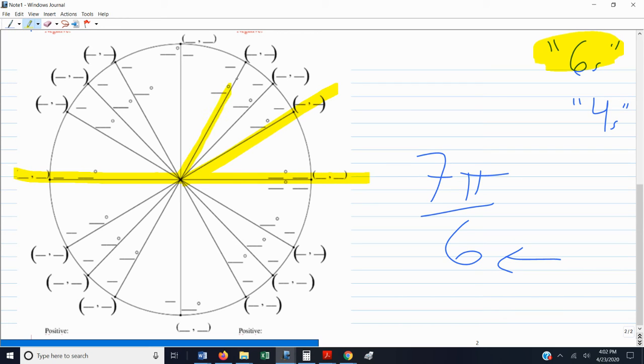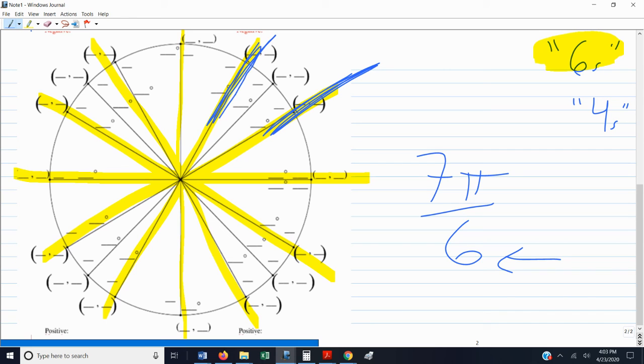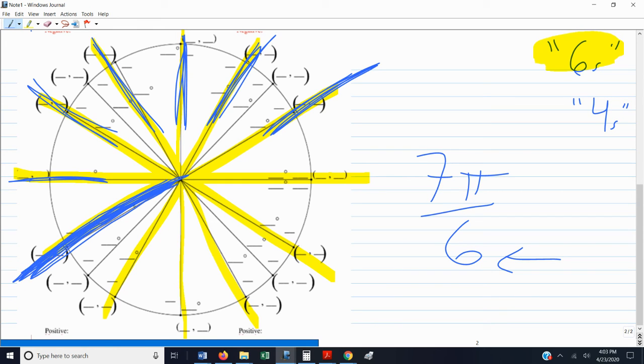And so we know we're going to be looking at these branches, not the middle branches right now. And let's try it again where we're not writing down the values, we're just counting out loud. So going around by 6s, 1 pi over 6, 2 pi over 6, 3 pi over 6, 4 pi over 6, 5 pi over 6, 6 pi over 6, and 7 pi over 6. There it is. So it's that first branch in quadrant 3.